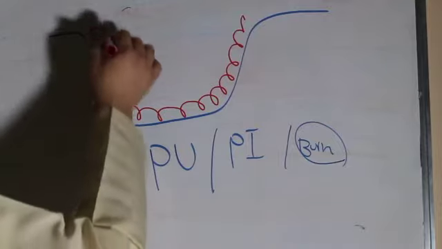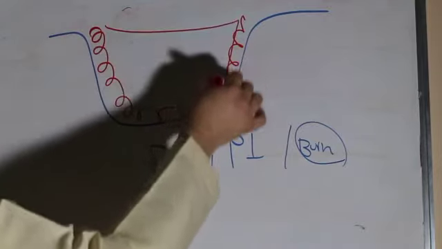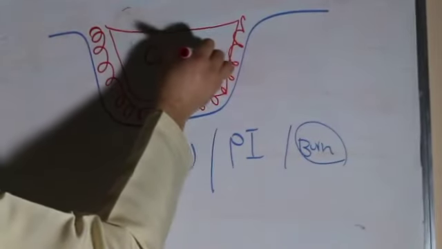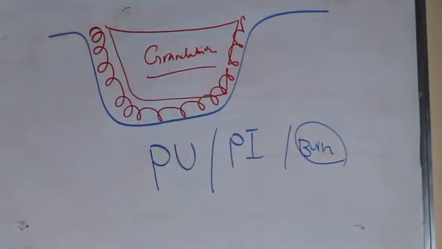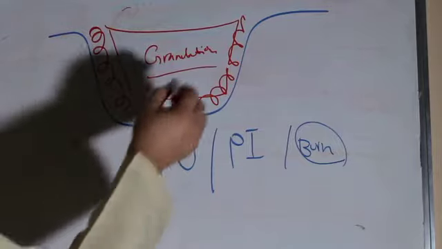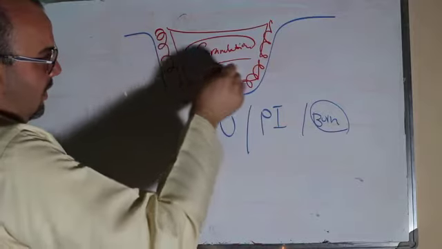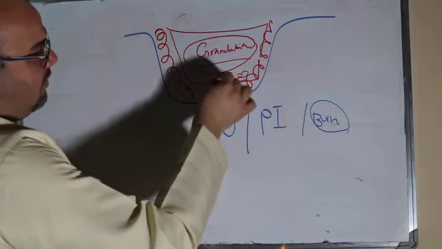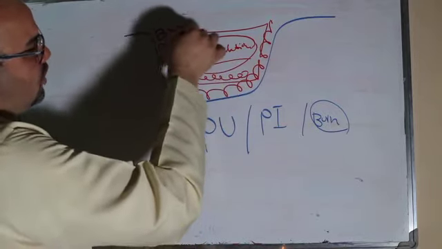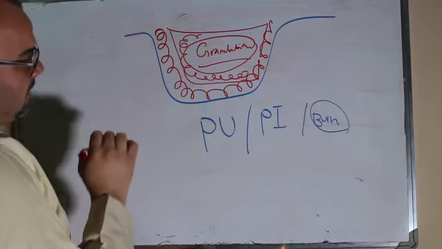These tissues will fill all this space, and this will be the granulation, which is the only option available for this kind of wound to be healed. The granulation will come here and produce these kinds of tissue.